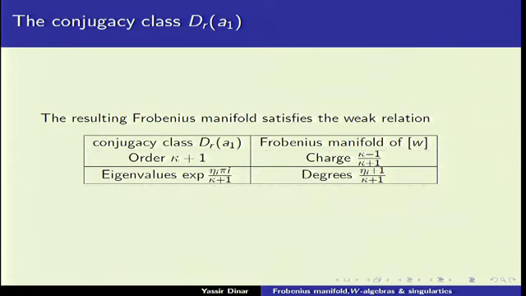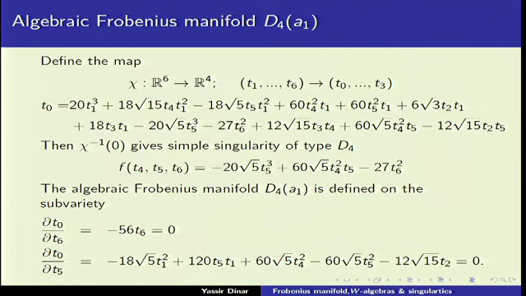So if the order here is k plus 1, the charge here will be (k minus 1) over (k plus 1). The eigenvalues you can also read; they correspond with the degrees. So this is an example of D4A1. We have dimension 4, and the universal deformation of the simple singularity will be a map from 6 dimensions to 4 dimensions.